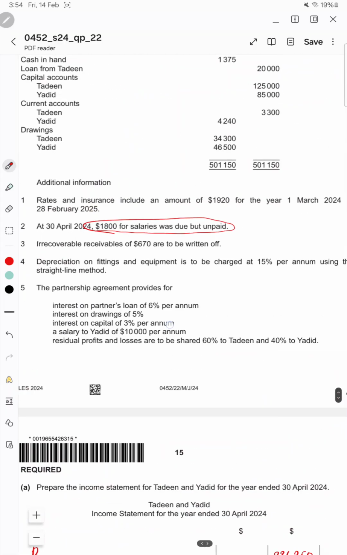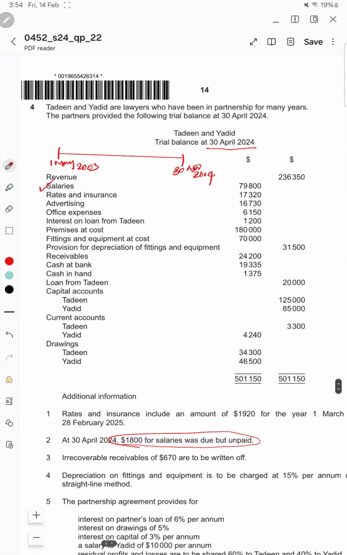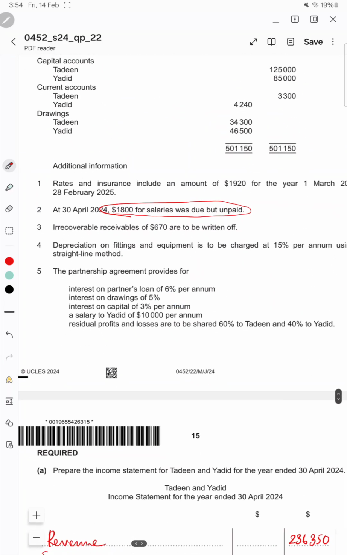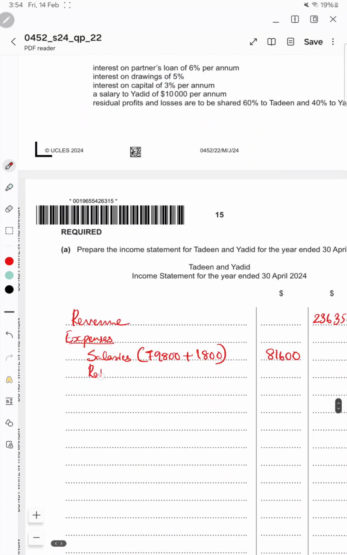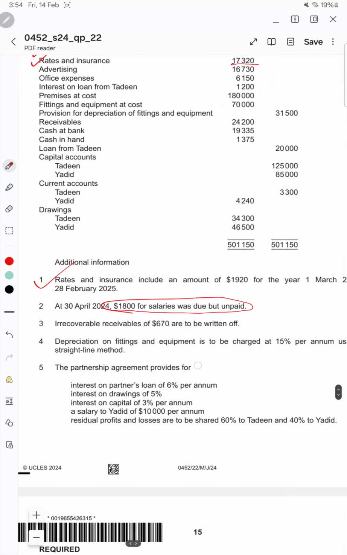Next is rates and insurance, which is 17,320. We also have an adjustment here, so first write rates and insurance, 17,320. Now go to the adjustment.